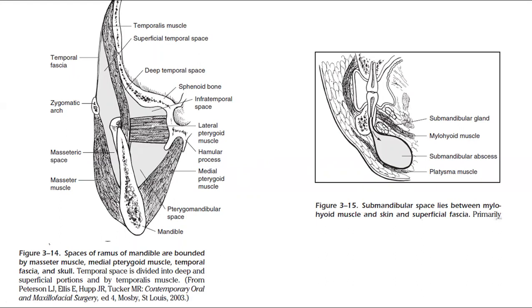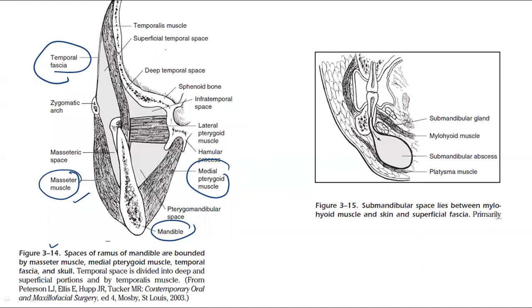This diagram represents the spaces of the ramus of the mandible. This is the mandible, and it is bounded by the masseter muscle, then the medial pterygoid muscle, and then the temporal fascia. The temporal space is divided into deep and superficial.